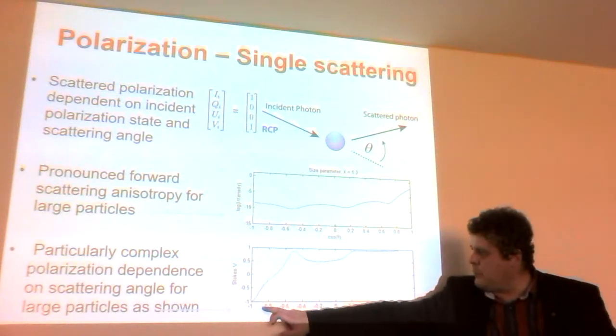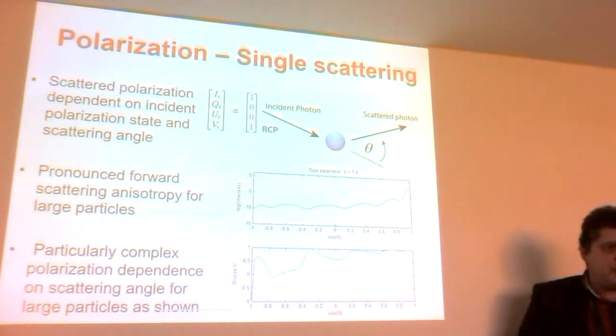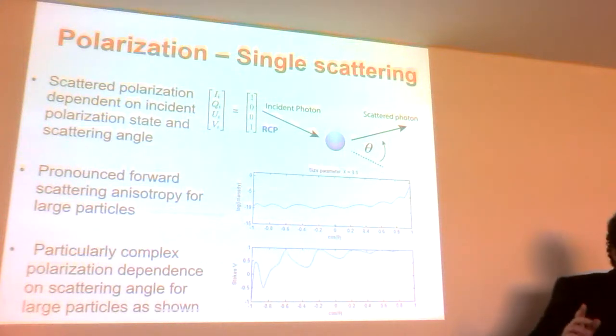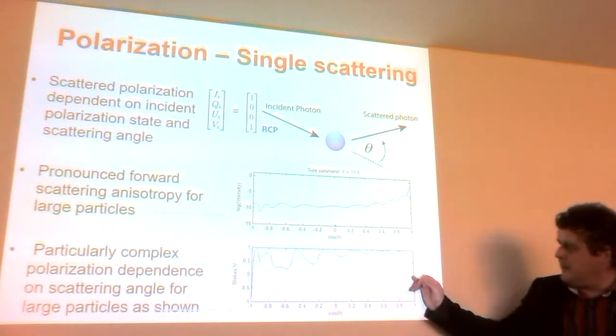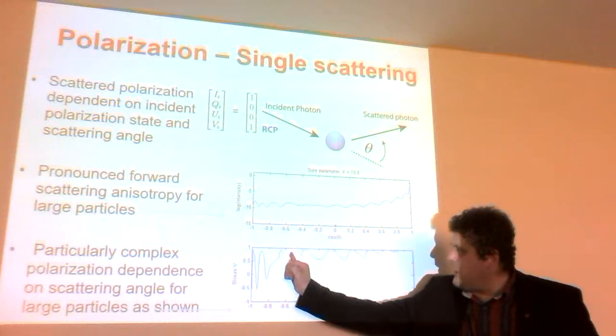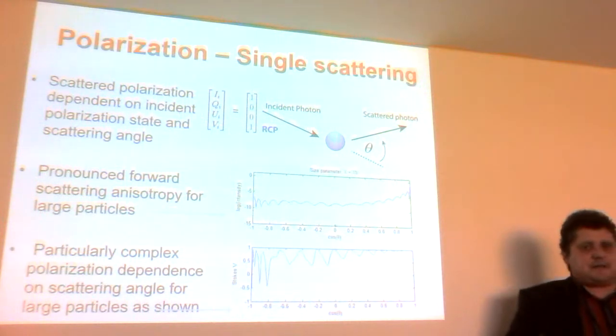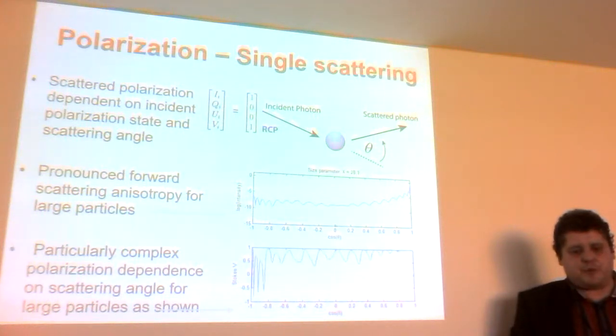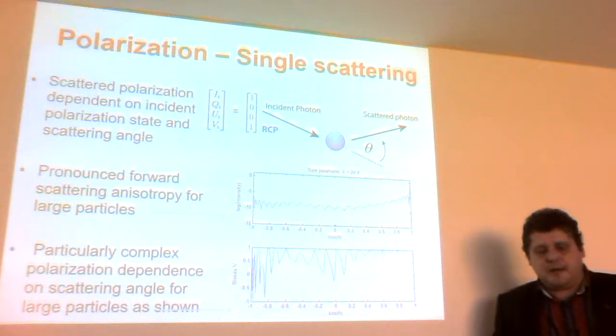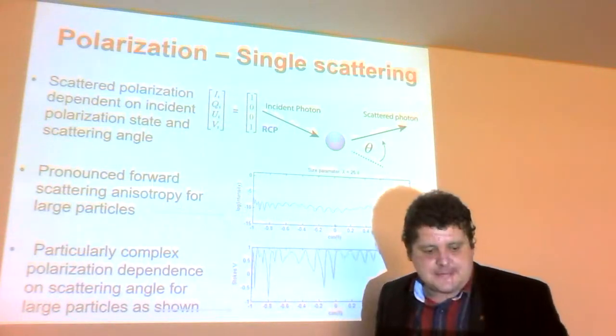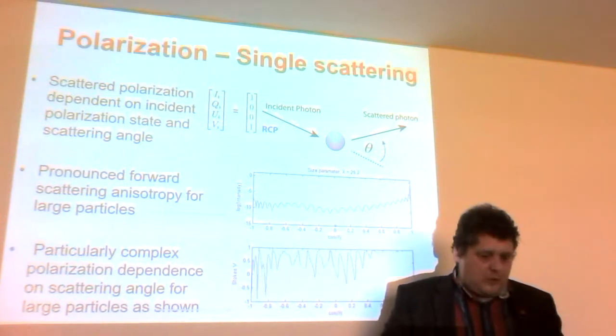When we started with the small particle, the initial one, it just scattered back and scattered forward. But here, you see we have a number of peaks, and each peak represents a helicity change. Thus, the propagation of the scattered light, I mean circular polarized light, will have a more complex dependence on scattering angle.